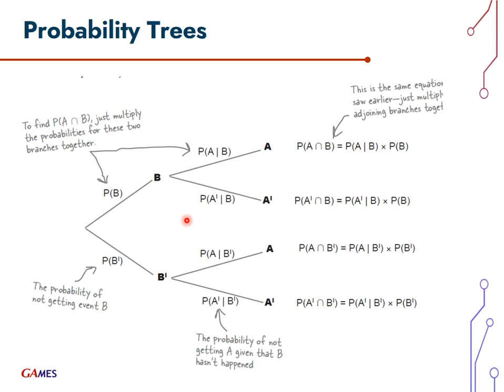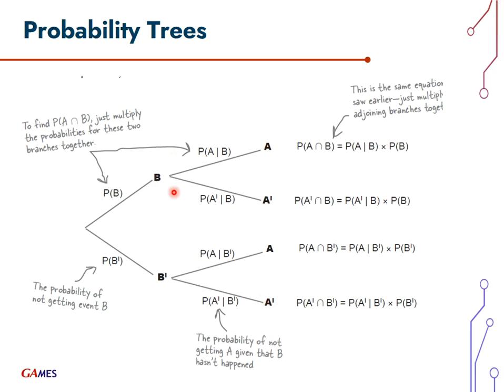Let's look at this particular case where you have a different number of branches, and there are 2 events here. 2 levels of events. You have A and A prime. Then you have B and B prime.